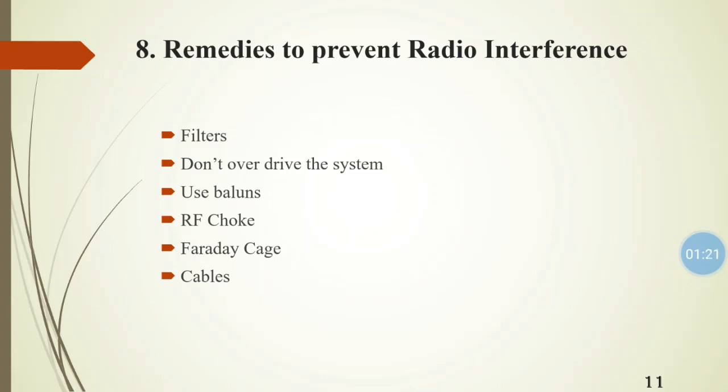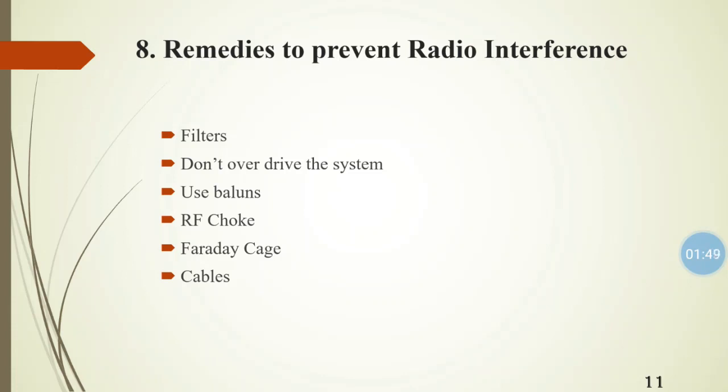Fifth one, Faraday cage. The metal layers are grounded to dissipate any electric current generated from an external or internal electromagnetic field, and thus they block a large amount of the electromagnetic interference. Sixth one, cable, and there are many more, like moving the wires, and this is the easiest thing.